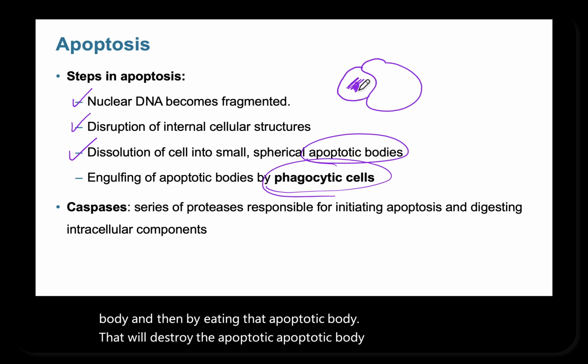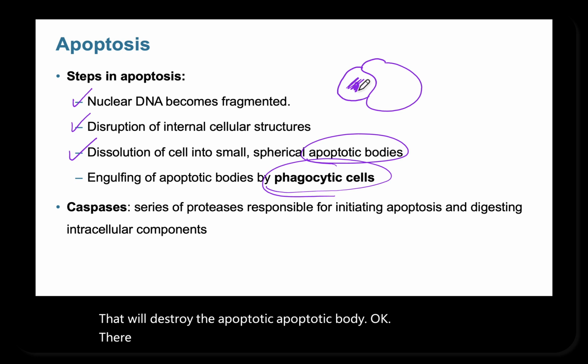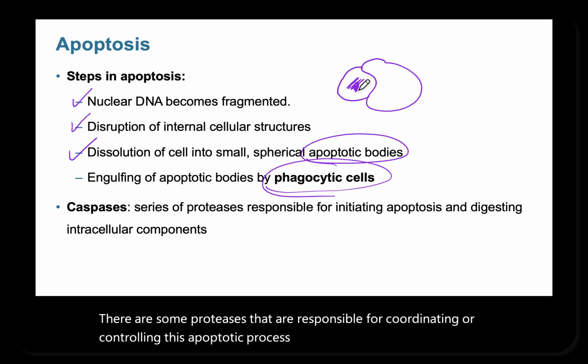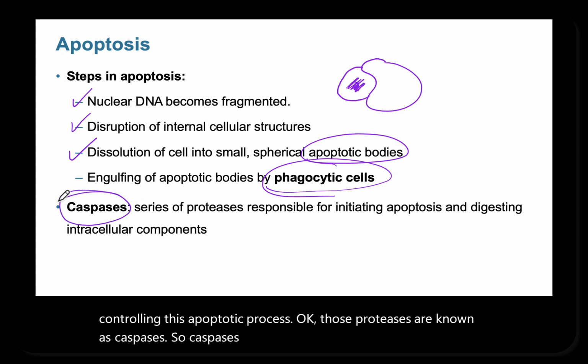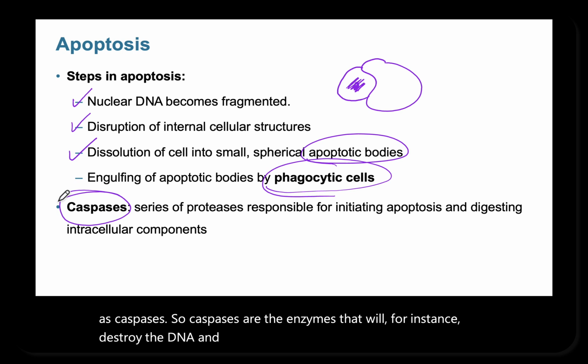Okay? There are some proteases that are responsible for coordinating or controlling this apoptotic process. Those proteases are known as caspases. So caspases are the enzymes that will, for instance, destroy the DNA and digest the intracellular components of the cell.